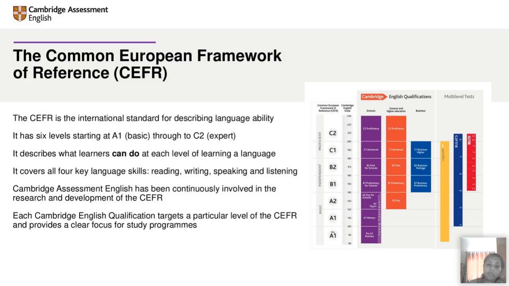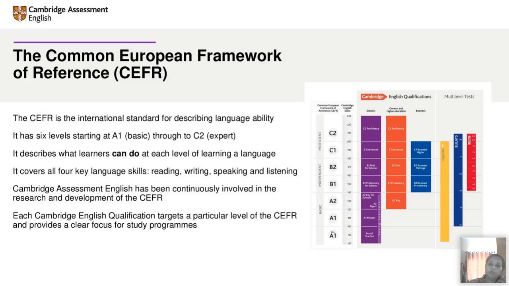Now, Cambridge Assessment English has been continuously involved over the years in both research and trying to enrich each of these levels by providing a lot of resources at each level. And each Cambridge qualification that we are talking about pertains to one of the levels. If I say A1, at A1 there is a particular Cambridge qualification that is offered.